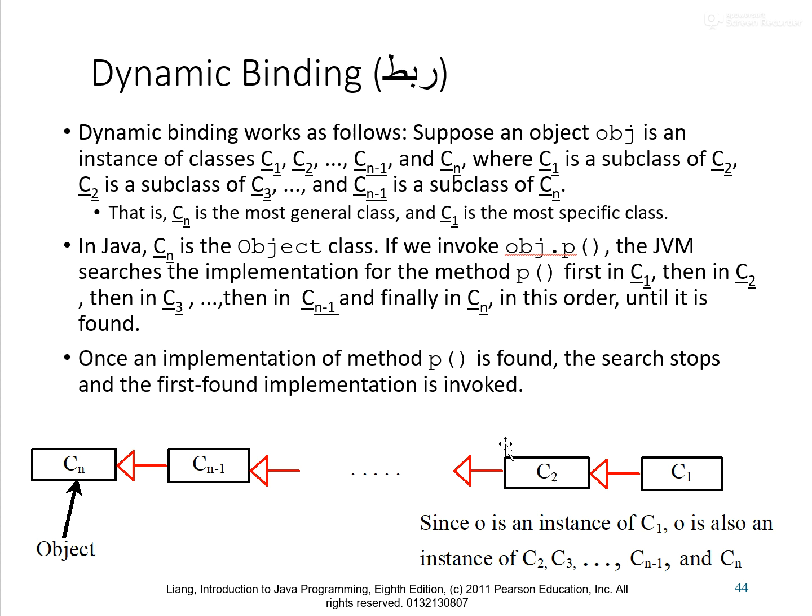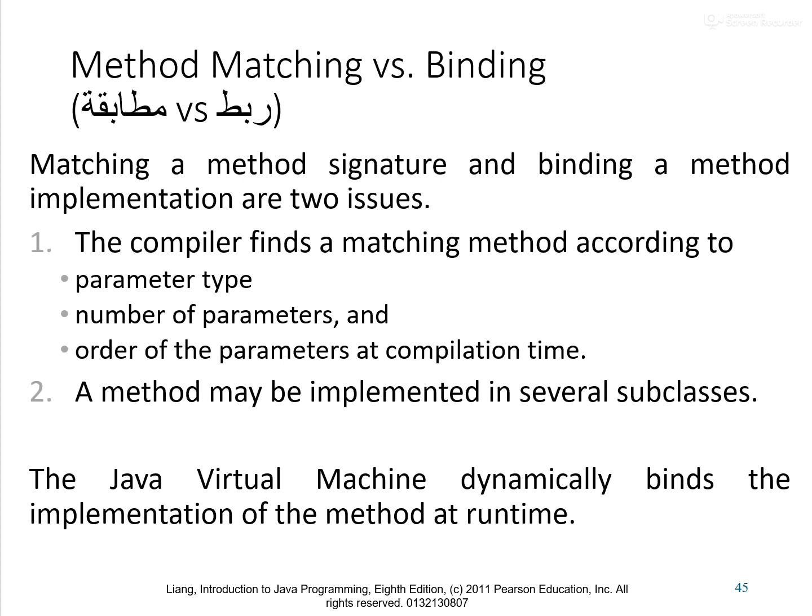But if it doesn't find one, it'll move on to C3, and it'll keep searching all the way up to the Object class, Cn in this case. If there are multiple implementations of method p, it will run the first one that it finds, starting its search from the most specialized class.